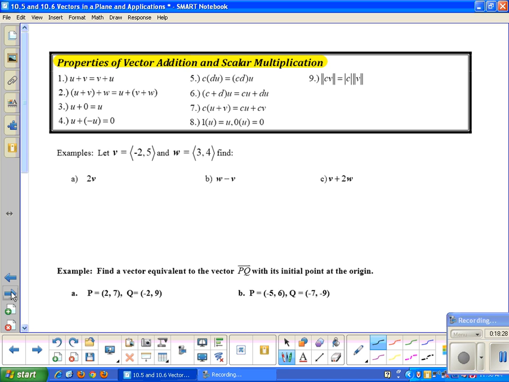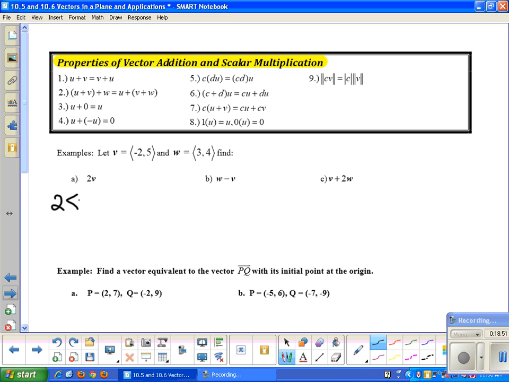If we look at this first example that I have here, we want to let v equal negative 2, 5. Remember, that's the component form, so that means that our horizontal component is negative 2 and our vertical component is 5. And we also have w, which is 3, 4. So if I want to find 2 times v, that means we're doing scalar multiplication.